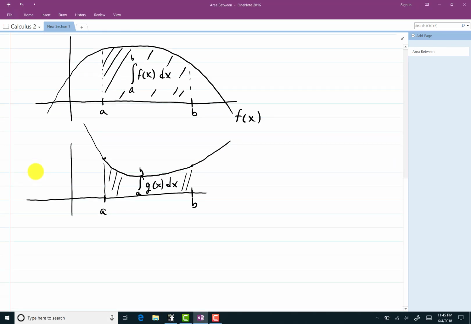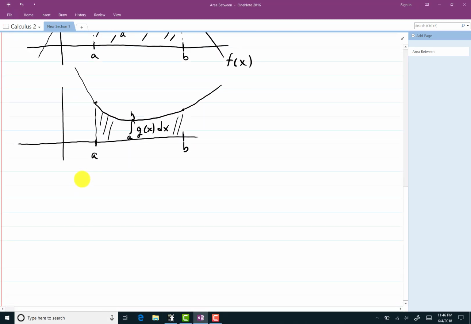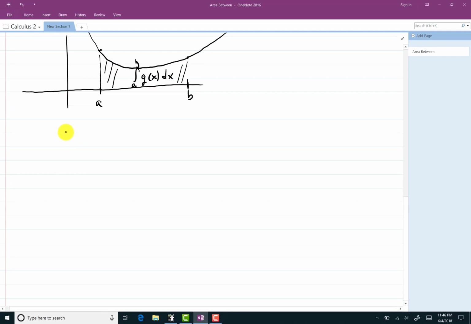So when I take the integral of f and I look at the integral of g, if I want the area contained between them, let me smash these two things together and show you what I'm talking about. Well, I did draw a picture of what I wanted, but there's a, b.